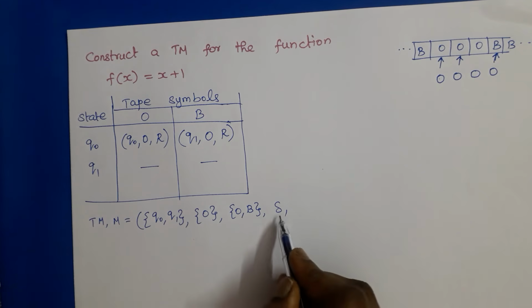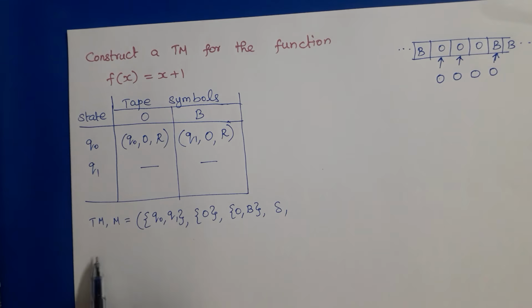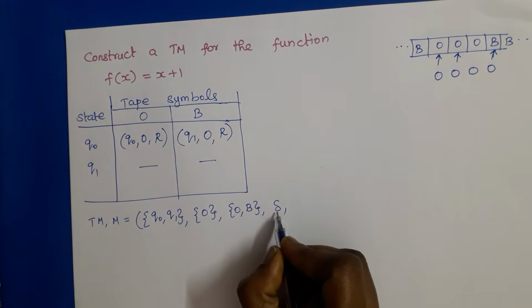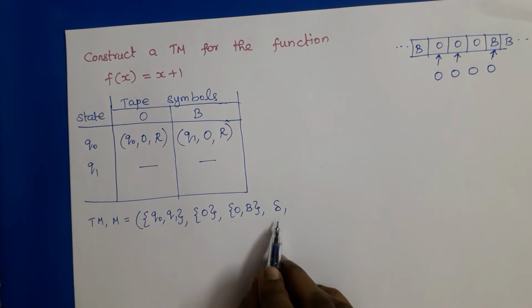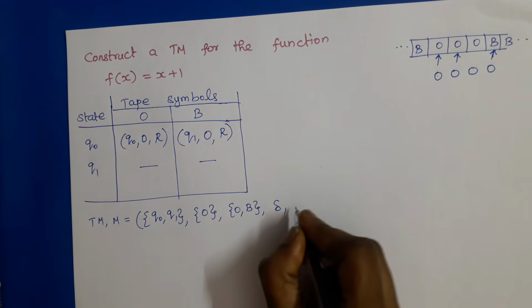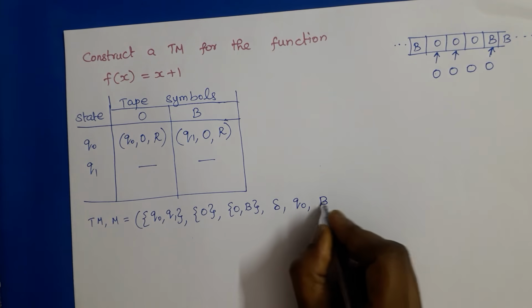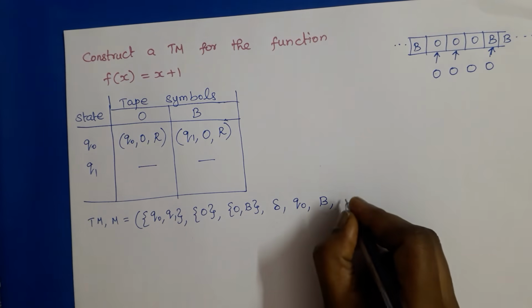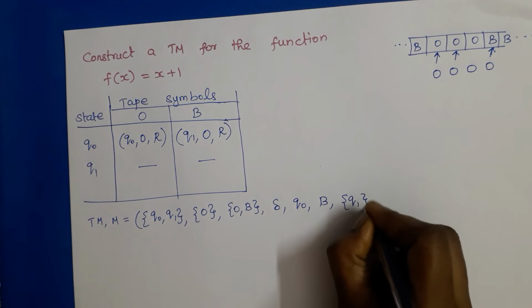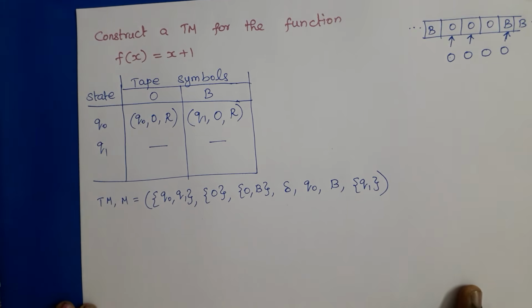It may also be written as a list of transition functions, and also as a transition diagram. We can represent delta in any way. Then the start state q naught, blank is the special tape symbol, then the final state is q1. It should be represented within set braces.